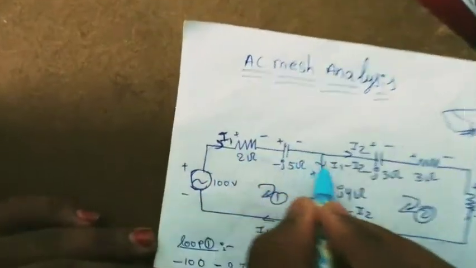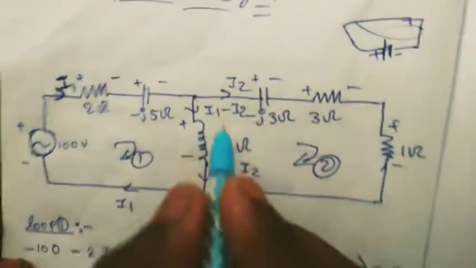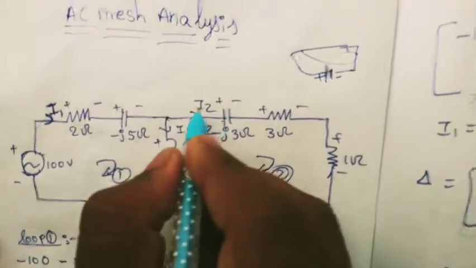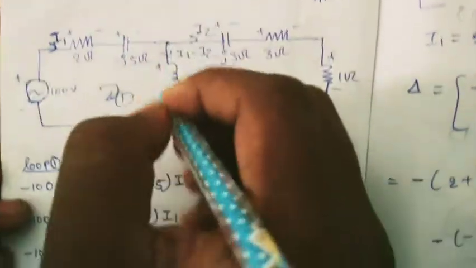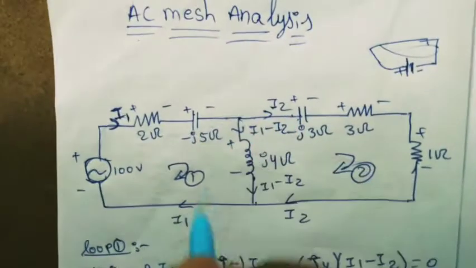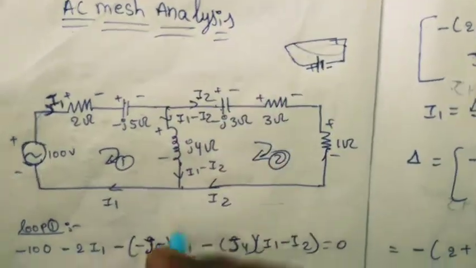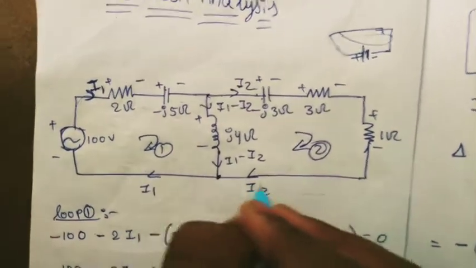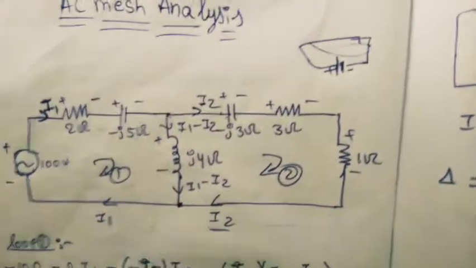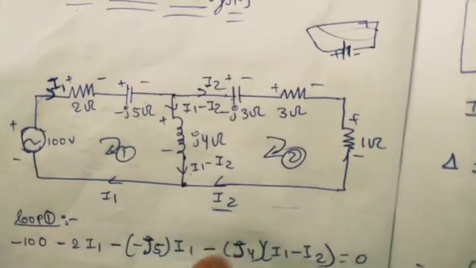By going here, at this point it is divided into two parts. Here I named this current I2, and it also goes downwards, so I named this I1 minus I2. Then this I2 flows over here and comes to this point. This I1 minus I2 and I2, these two will be added.